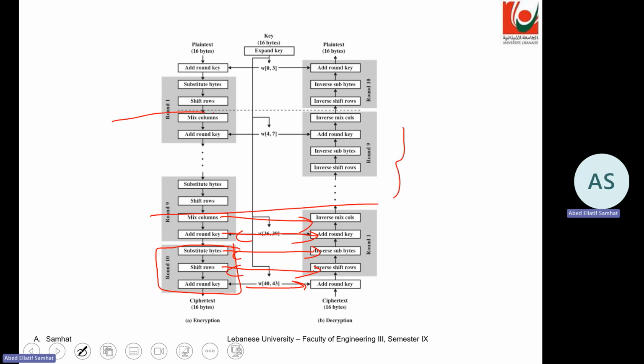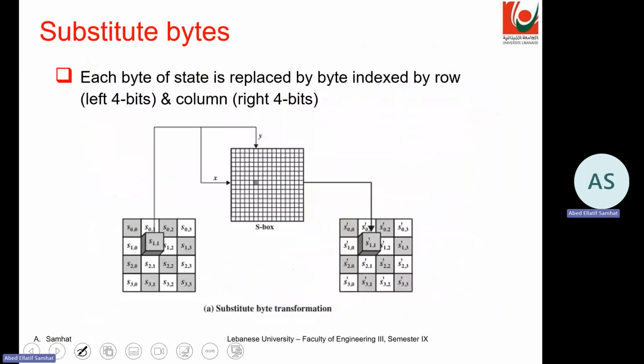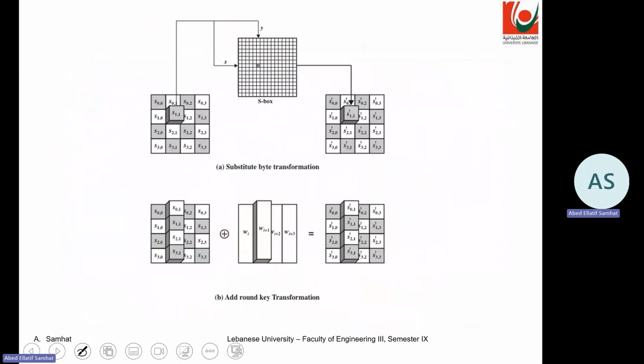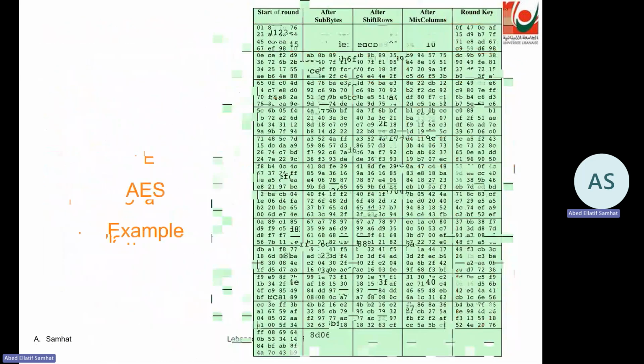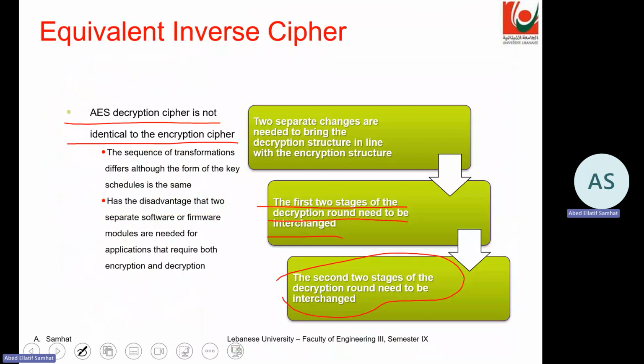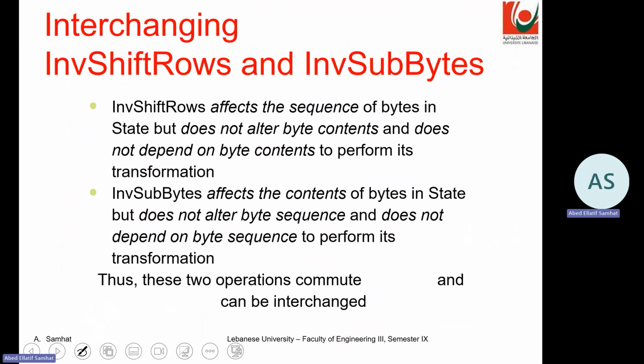And here, this is the inverse shift row, this is the inverse substitute byte, and this is the inverse process of add round key. That's why you use them at this level. So this is the decryption process. That's why we say that in the Advanced Encryption Standard, decryption is not really identical to encryption.